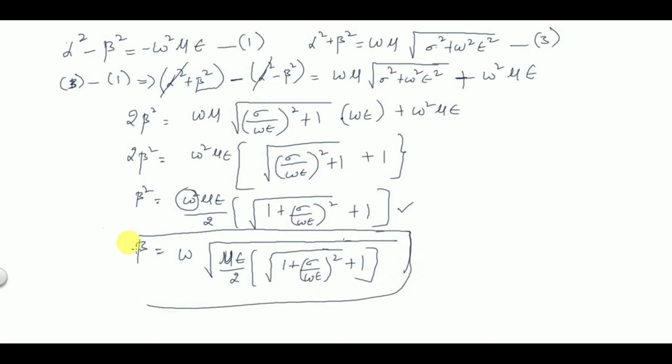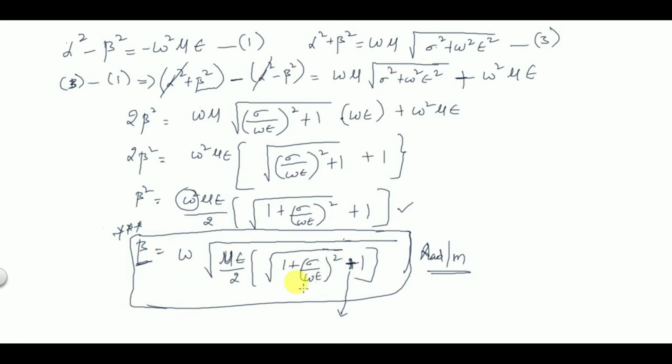Very simple: subtract those two and you get beta, add those two and you get alpha. This is in radians per meter. It is very simple to remember the formulas. The only difference between the formulas for alpha and beta is the sign: if you have a plus sign here, it is the formula for beta, and if you have a minus sign here, it is the formula for alpha.